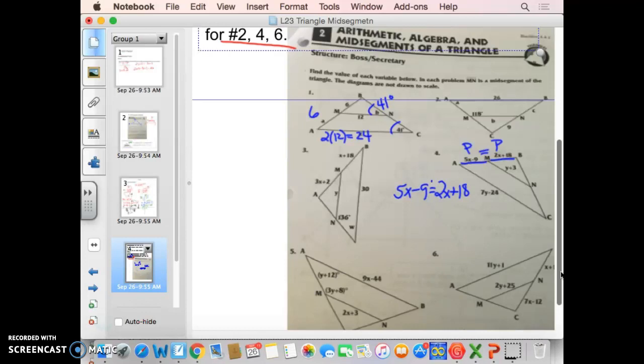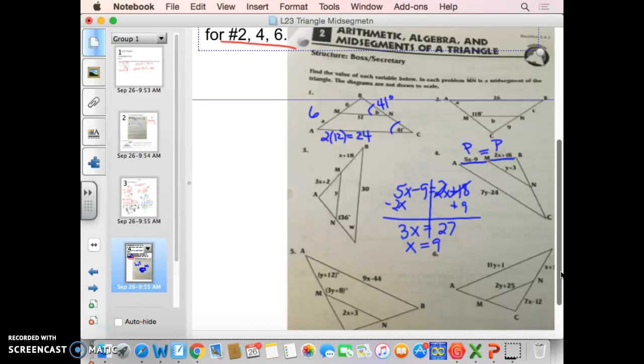And of course, you'd have to solve the equation this way. So I'm going to subtract 2x from here, and I'm going to add 9 here. So that's 3x equals 18 plus 9, 27. So x equals 9 in that case.